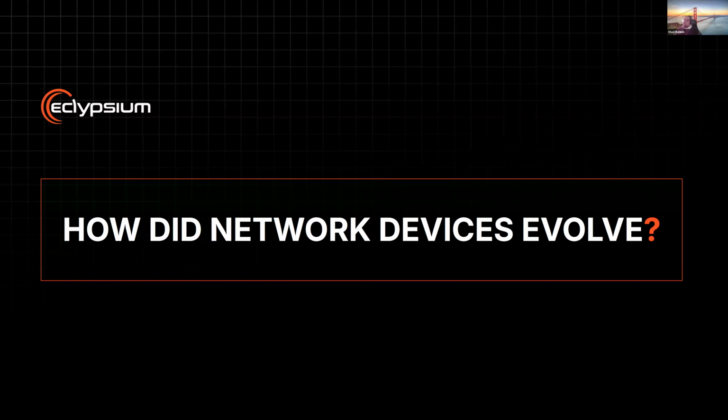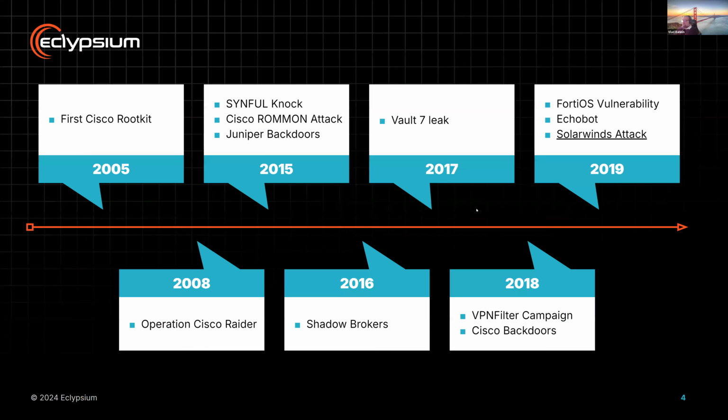The very first question to ask, as Paul said, is a little bit of landscaping. How did attacks on network devices even evolve? In this case, we are not going to speak about the raw evolution of them, but it will all be through the perspective of the attacker. The period of network device attacks you can split into two parts. Part number one is the pre-SolarWinds epoch.